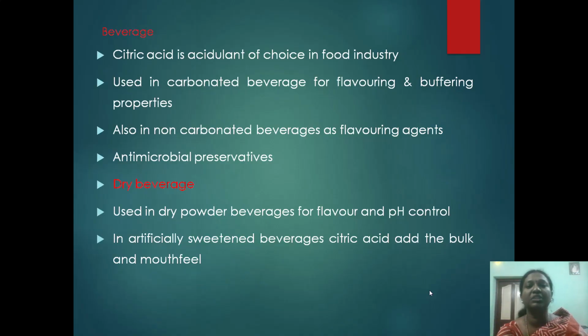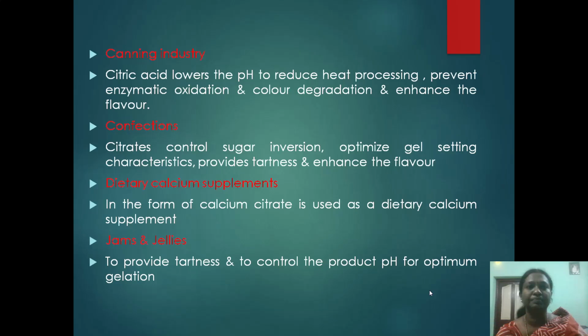In artificially sweetened beverages, citric acid adds bulk and mouthfeel. It helps to stimulate saliva flow, reduces the dry sensation, and gives a tingling sensation when we take a beverage.